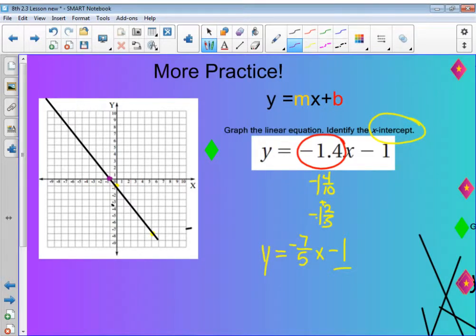So my final answer on this, because they wanted us to graph it but also tell the x-intercept, is x-intercept equals -1. And it's not always going to be the same as the y-intercept. It just so happens that it did on this one. Okay, so let's try another one.